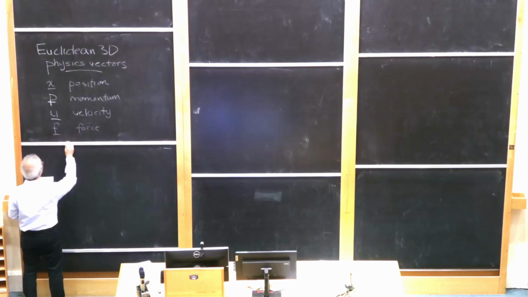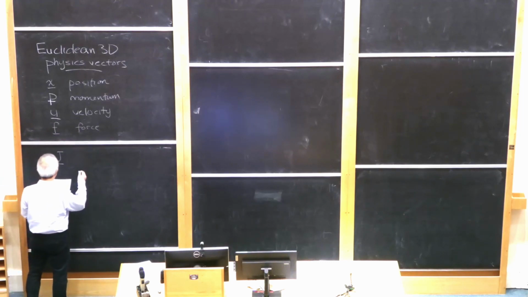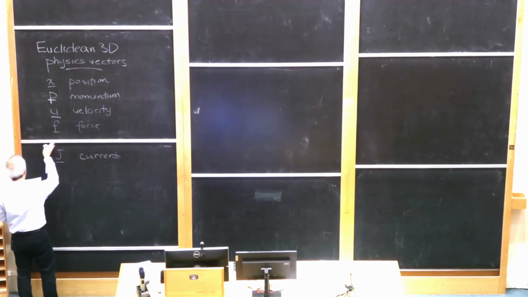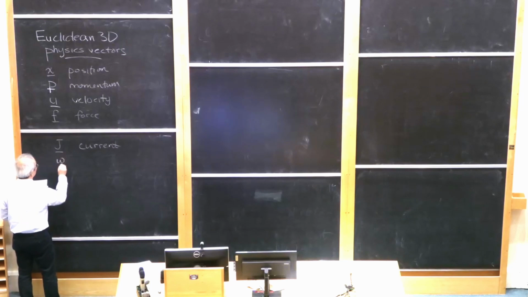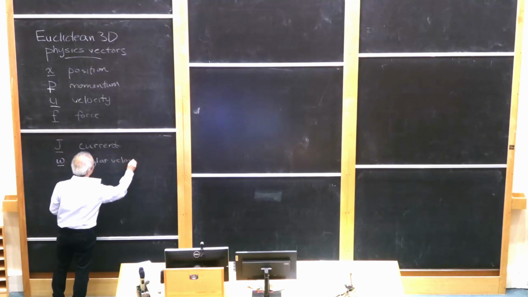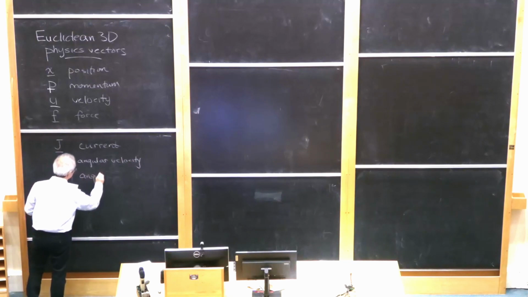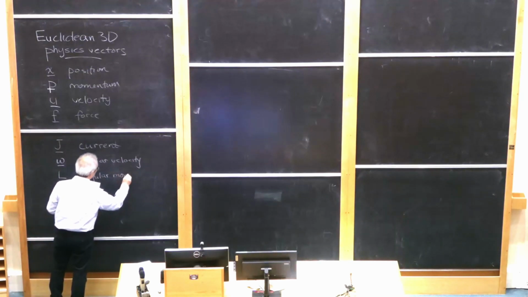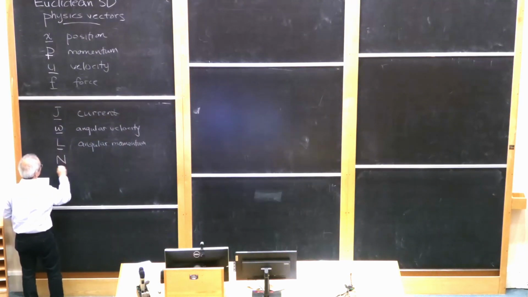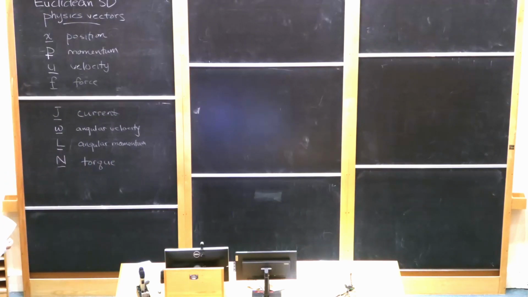A couple other ones, which you started seeing last year, are the current as a three-vector, angular velocity, angular momentum, and finally torque. All these things should be quite familiar to you from good old 3D mechanics.